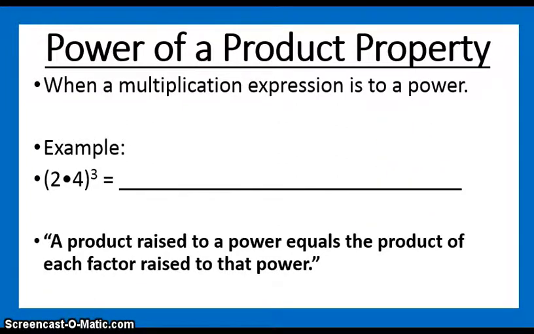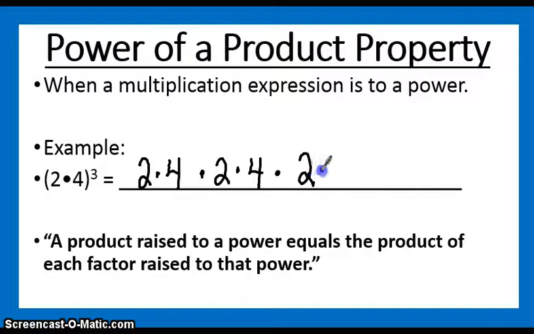If we have 2 times 4 to the 3rd power, we could say that we have 2 times 4 times 3 times. So we have 2 times 4 once, twice, 3 times. Now if you look, the commutative property says you can move these numbers in any order.